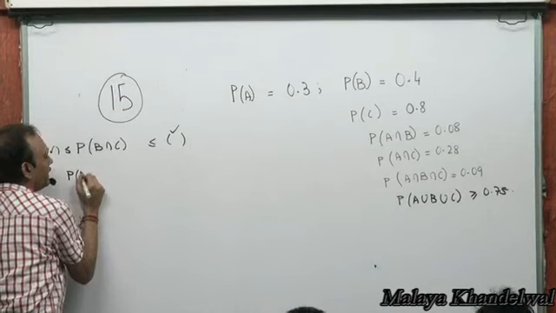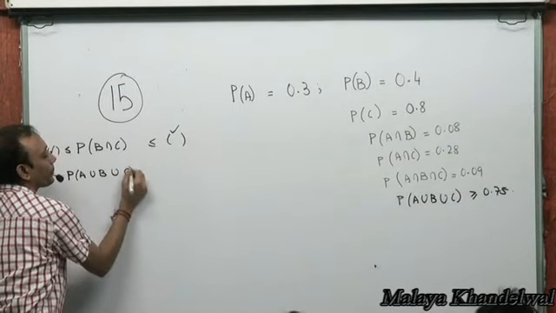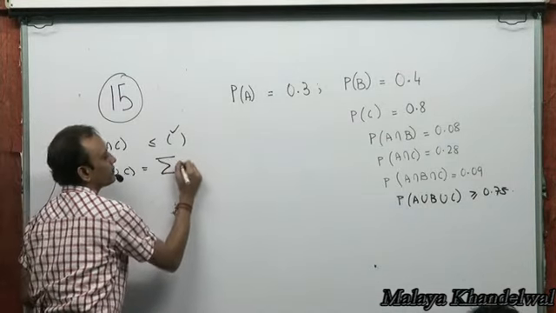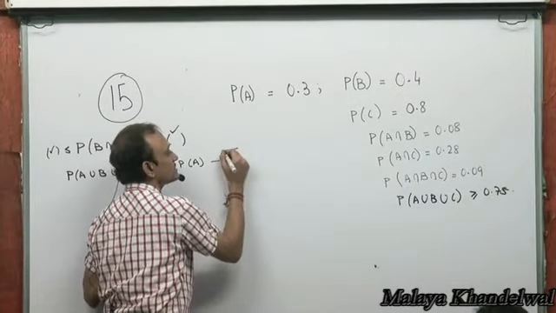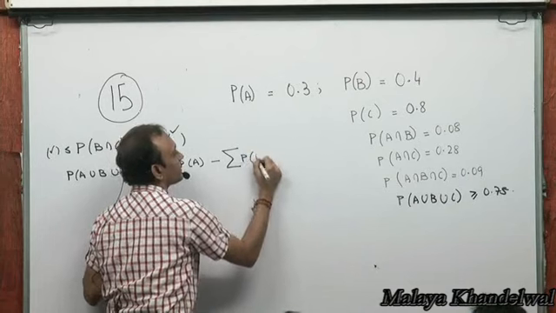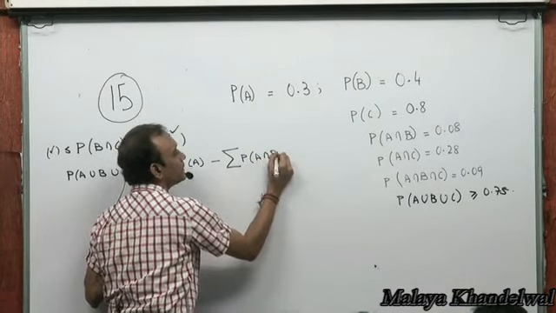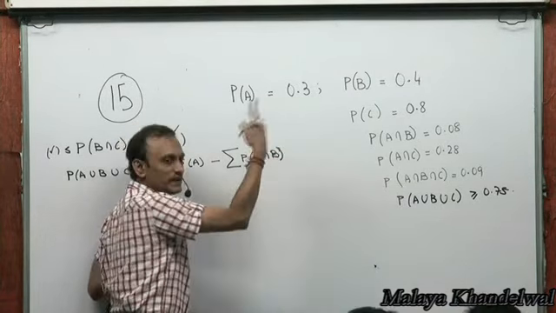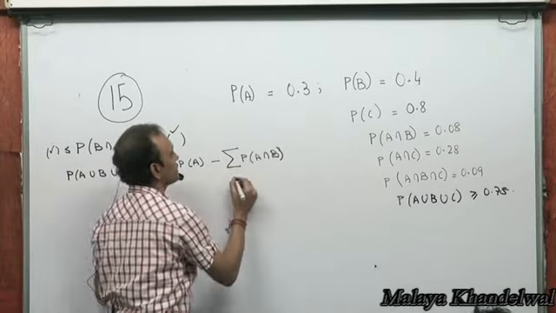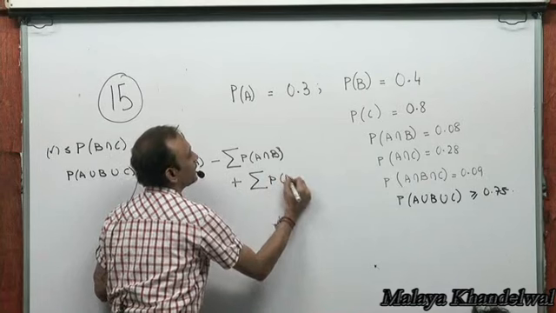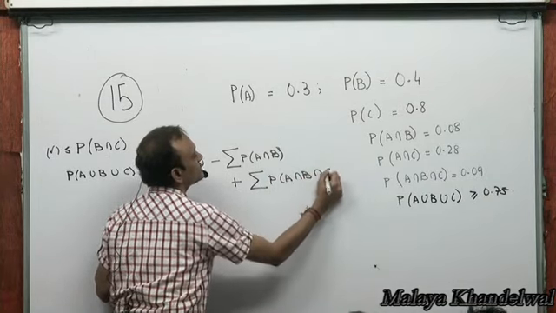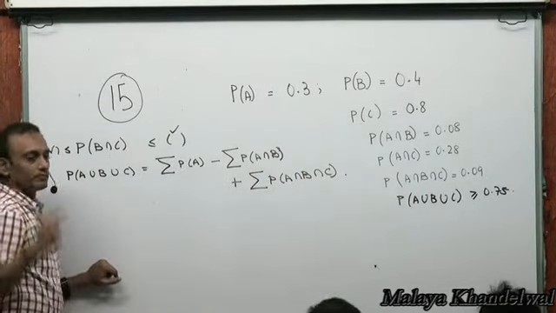Probability of A or B or C would be the sum of PA plus PB plus PC, minus the sum of A intersection B plus B intersection C plus C intersection A, plus P of A intersection B intersection C. Yes or no?